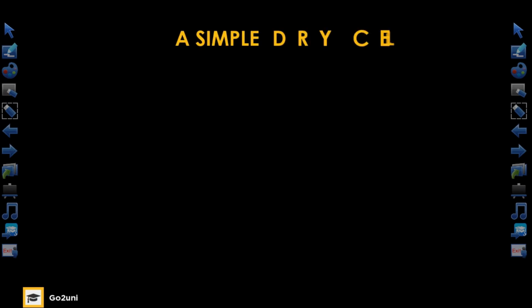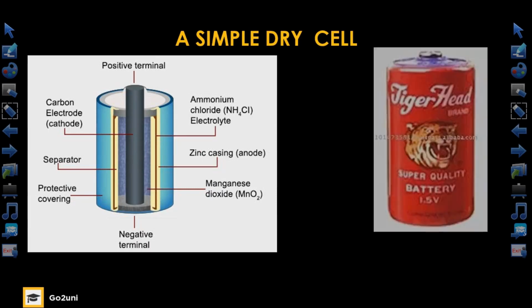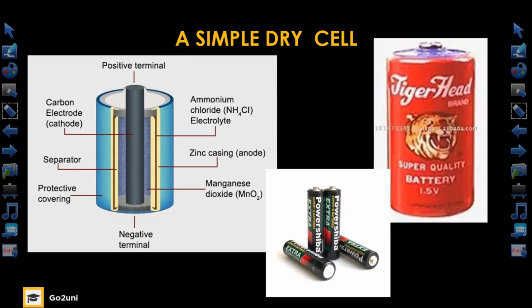So the Electrochemical cell, just like the other types of cells we have currently, is regarded as a dry cell, and they can deliver current as high as 1.5 volts to the external device.